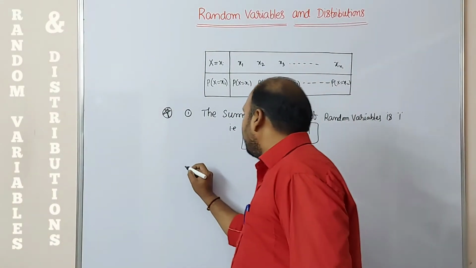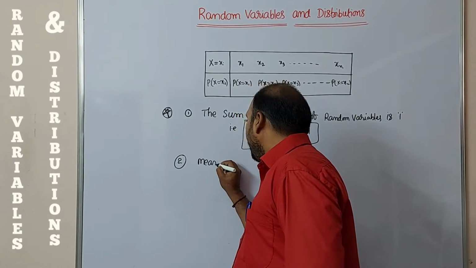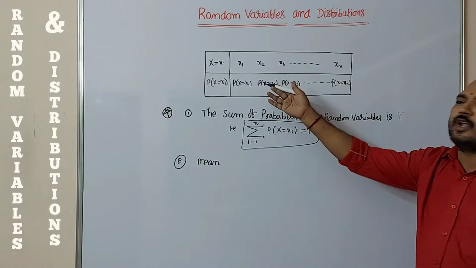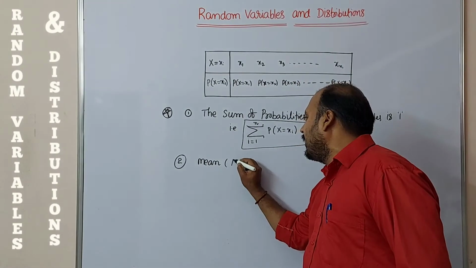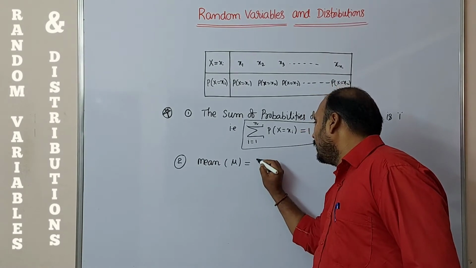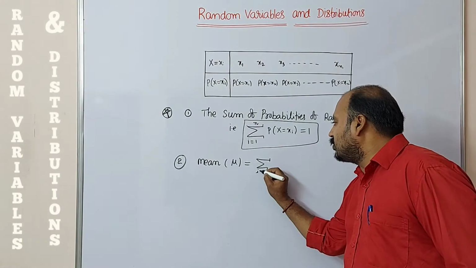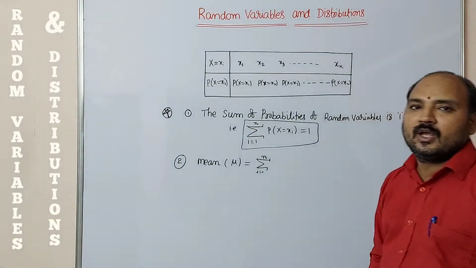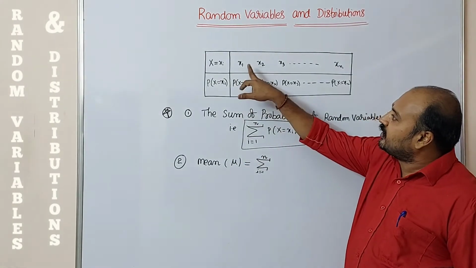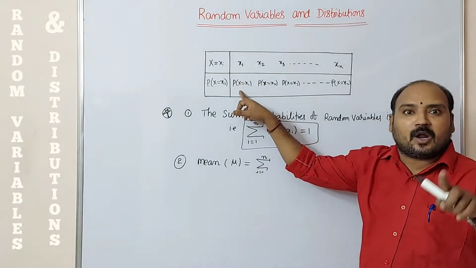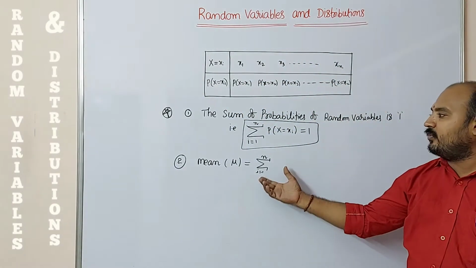Next, the mean of the random variable. The mean is the second important one. The random variable is denoted by x, so the mean of random variable x is denoted by mu. How to calculate the mean of the random variable? It is i is equal to 1 to n, the sum of the product of the random variable and its probability. However many random variables are there, that many we can take here.